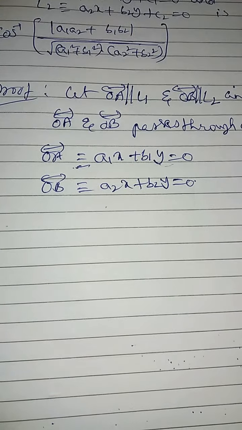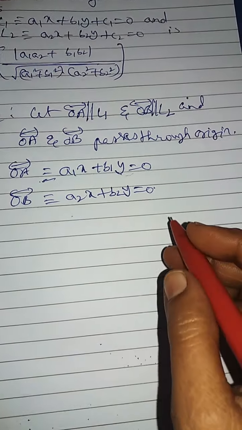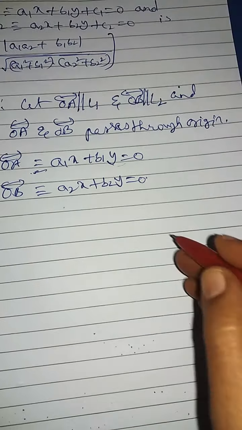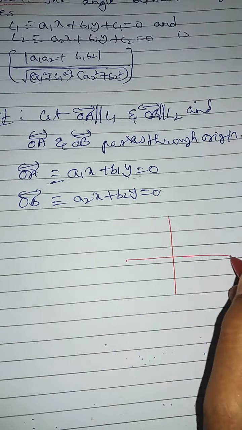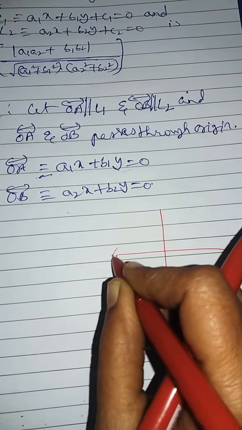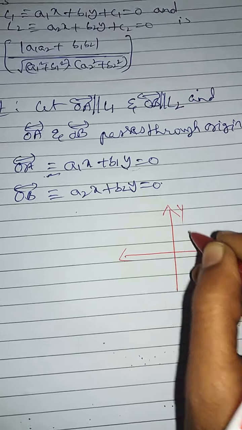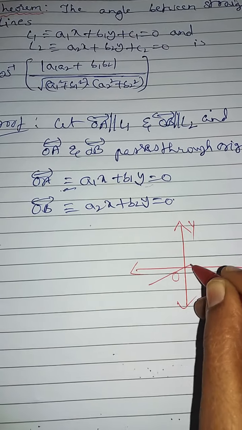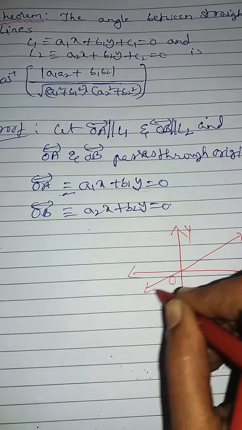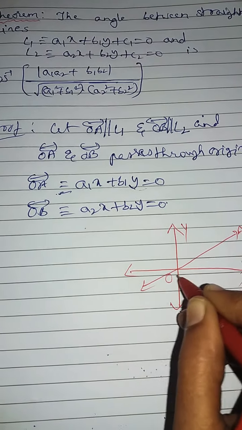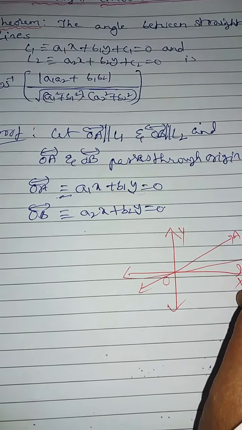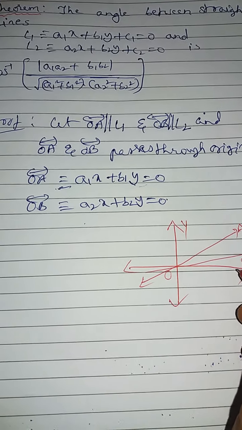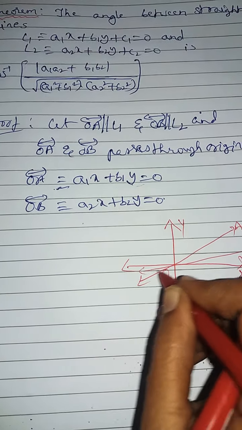Now I will draw the corresponding figure here. So what is given? I will take the coordinate axes, x axis and y axis, meeting at origin O. Now I am drawing OA line and OB line passing through the origin.